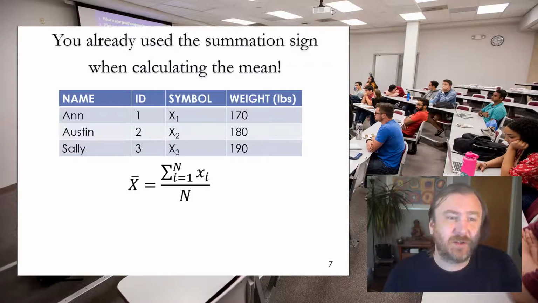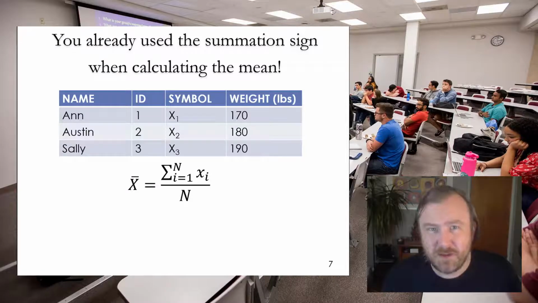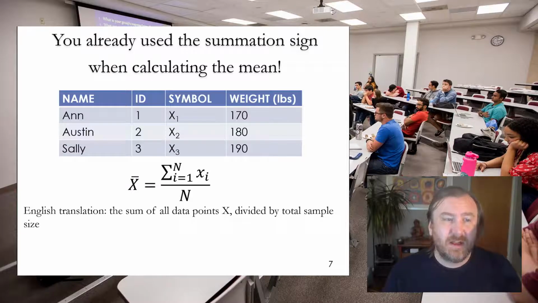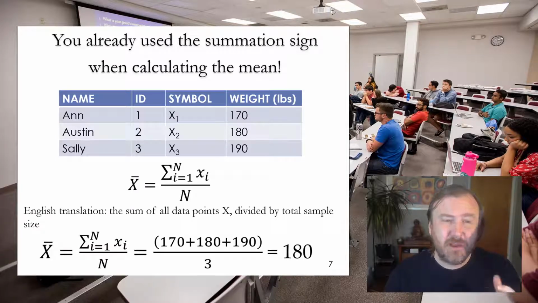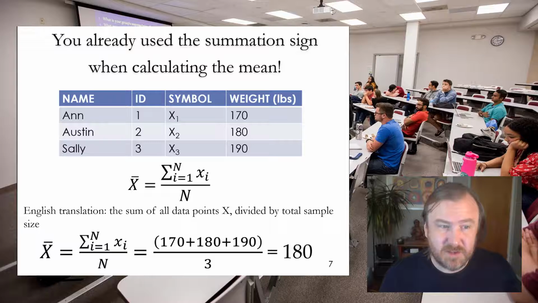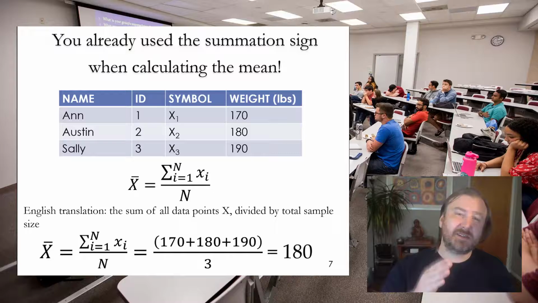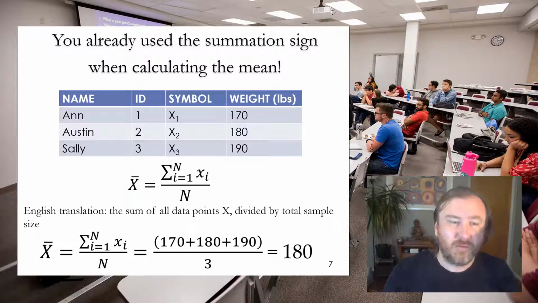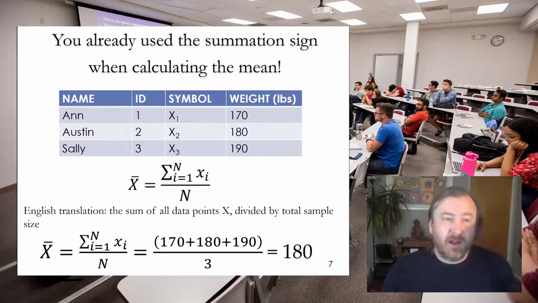It just can look scary if you're not familiar with it. So in English, what this is asking us to do is sum up all of the data points for x and divide by the total sample size. If we do this, it's as simple as 170 plus 180 plus 190 divided by 3. We get 180. You did this in your head right out of the gate. So don't get bogged down with how the notation looks.